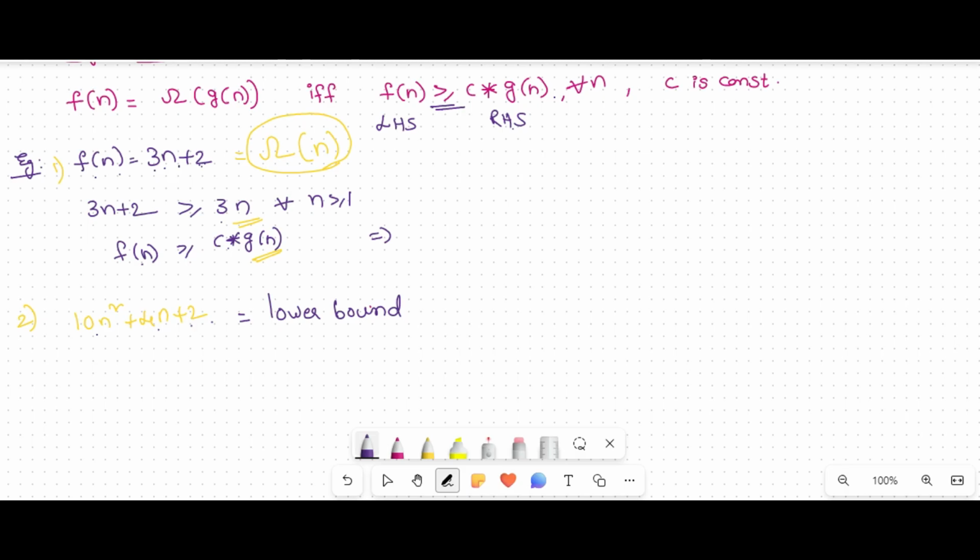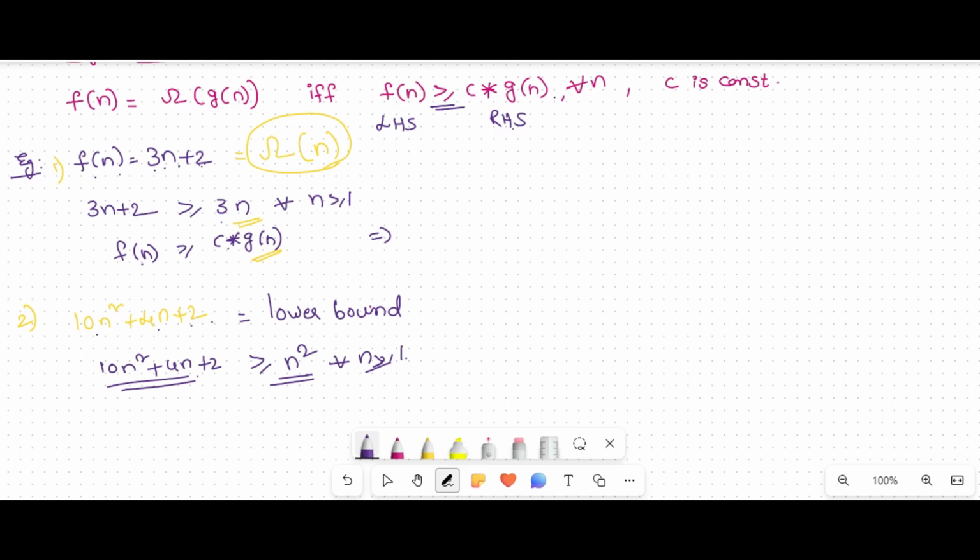Lower bound means f of n is greater than or equal to c into g of n. Simply I am writing some n square, for all n greater than or equal to 1. Now the left hand side is greater than or equal to the right hand side. Yes, it is correct, so it satisfies this condition.